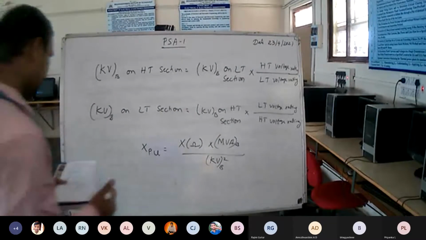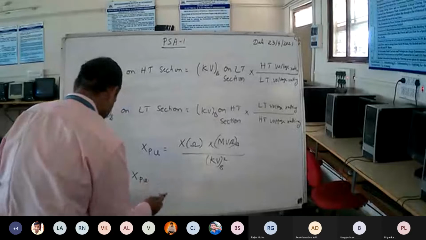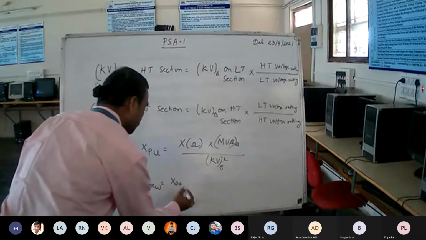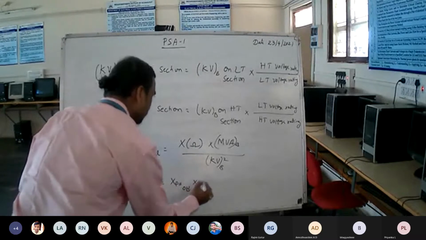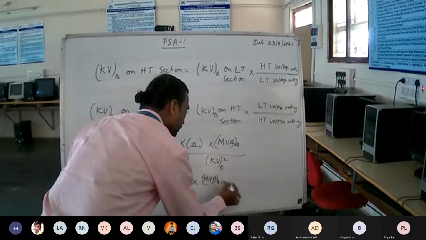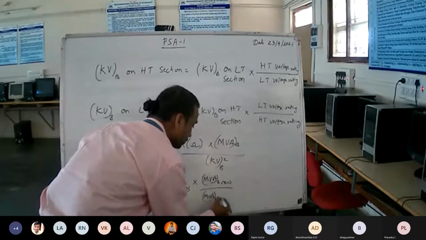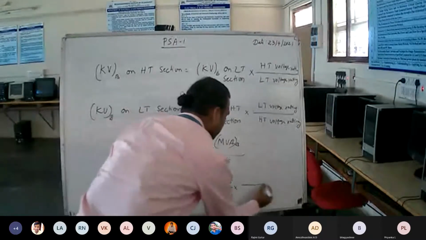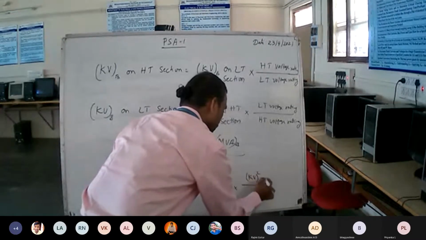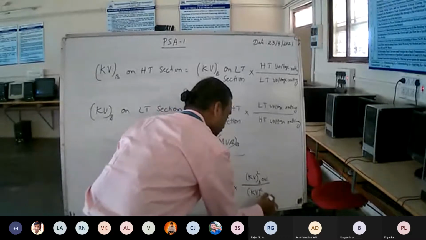And X per unit new is equal to X per unit old into MVA base new divided by MVA base old into kV square base old by kV square base new.